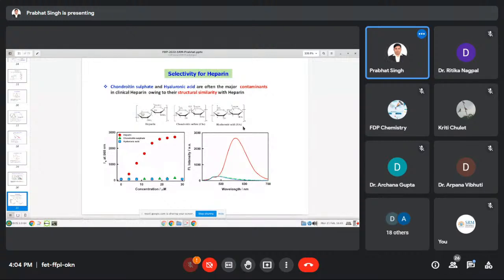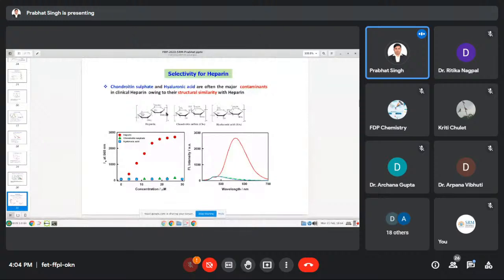In this graph, what I have been trying to show is that there are structurally related analytes with respect to heparin. That's called chondroitin sulfate and hyaluronic acid. These are all glycosaminoglycans, but there is a charge density difference. If you look at this particular heparin, this is a dimer repeat unit because heparin is a polymer, right?